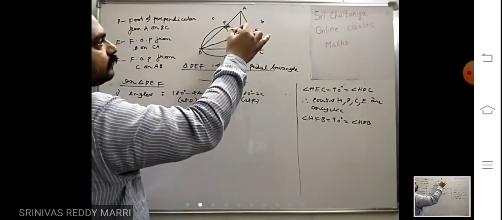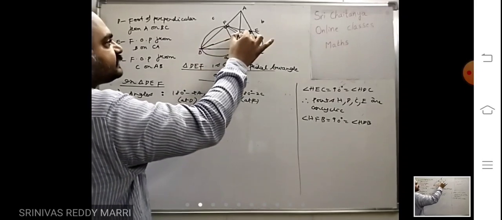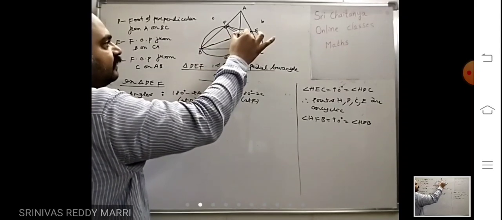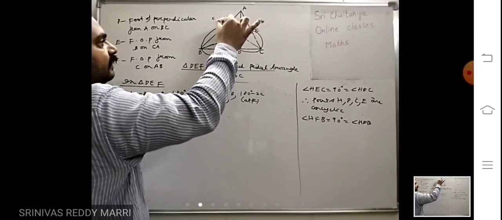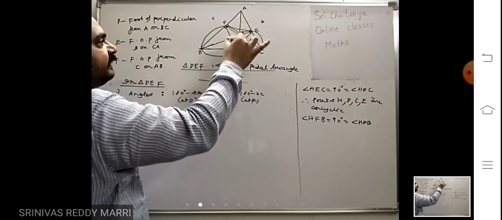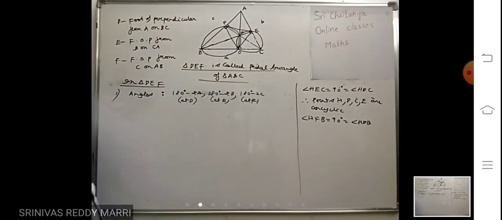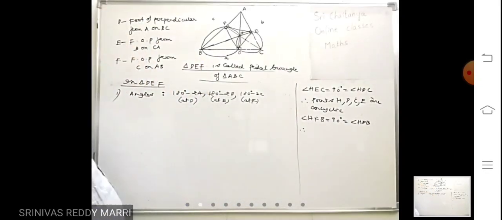With HB as diameter, I have drawn a circle. On that circle, F and D will lie because the angle in a semicircle is what? Right angle.